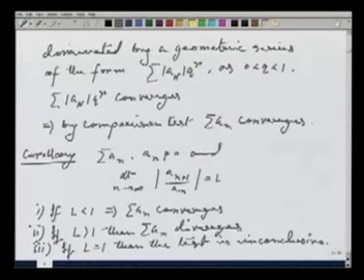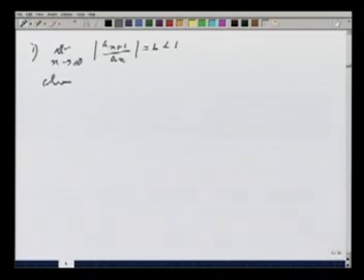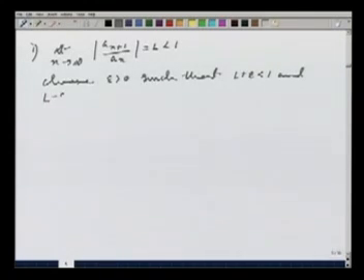Now let us see a quick proof of this. So we start with 1. Given that limit n going to infinity mod an plus 1 by an equals L, which is less than 1. I know that. Now choose epsilon bigger than 0 such that L plus epsilon is less than 1 and L minus epsilon bigger than 0.